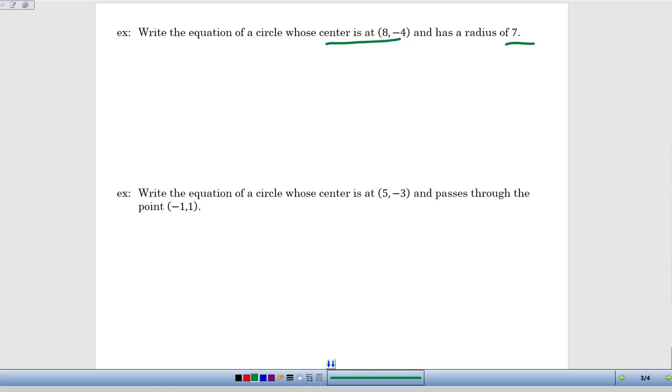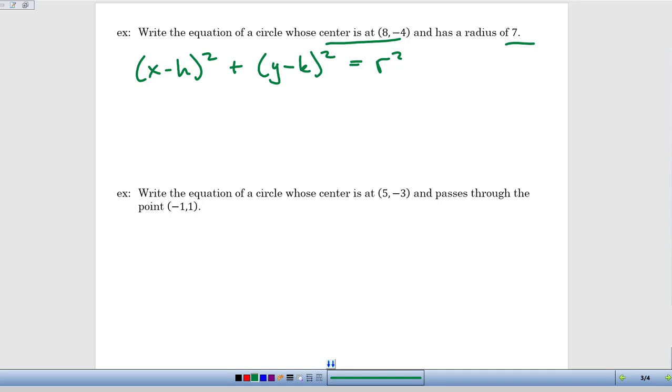Sometimes, as in this one, we're basically given all of the information that we need right away. So remember, the equation for a circle is (x - h) squared plus (y - k) squared equals r squared. And so now I'm just going to slot these numbers into the appropriate locations.